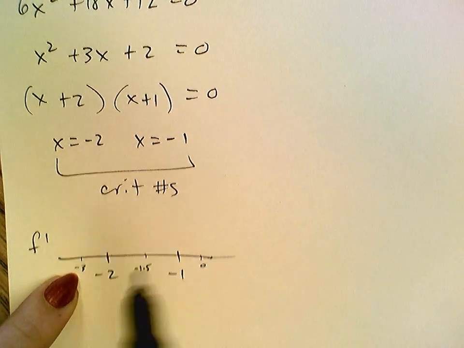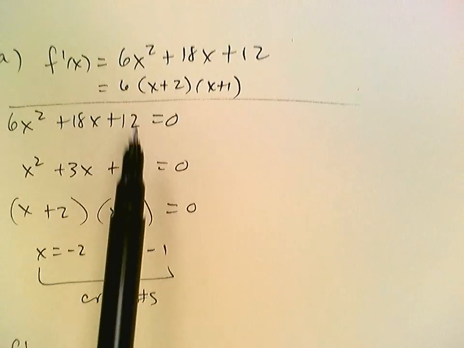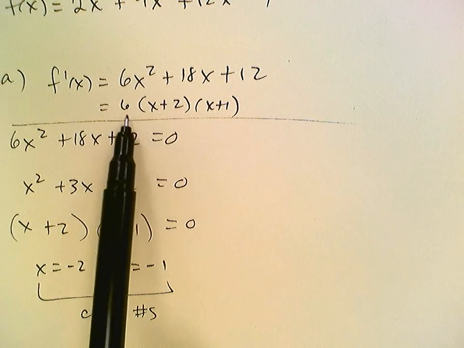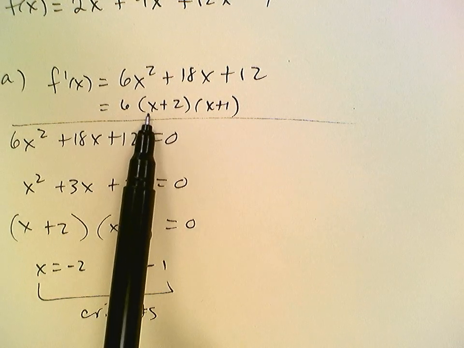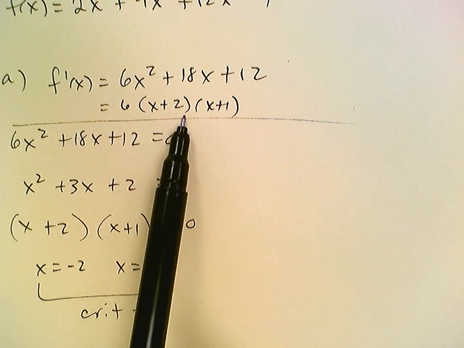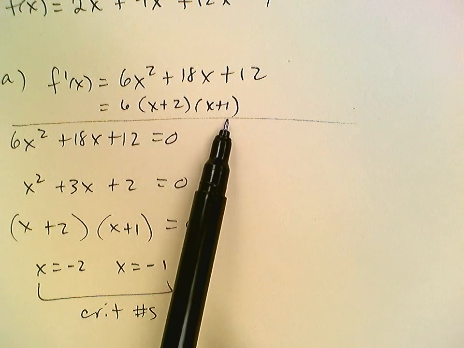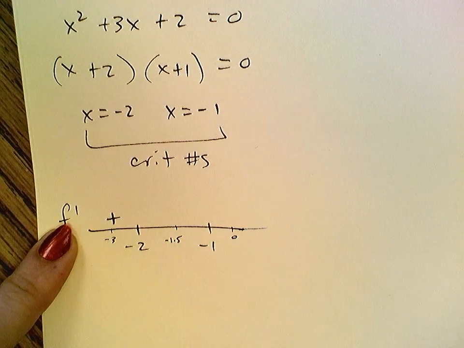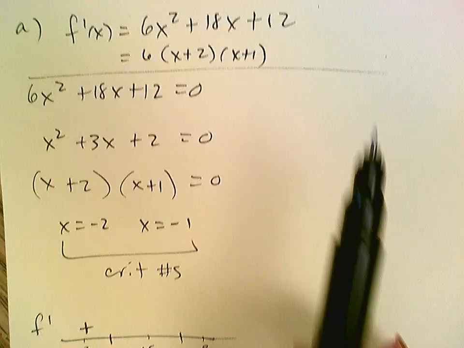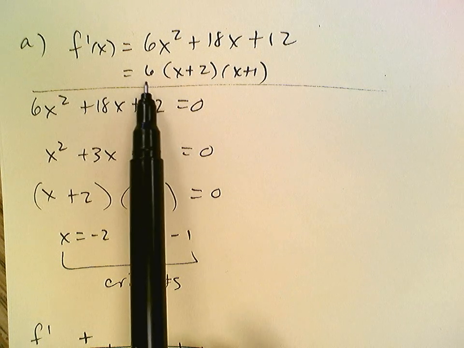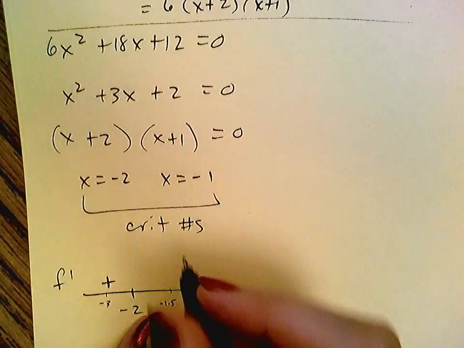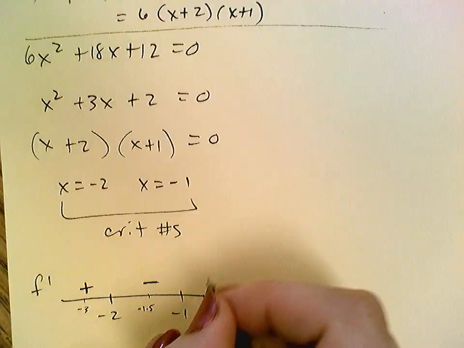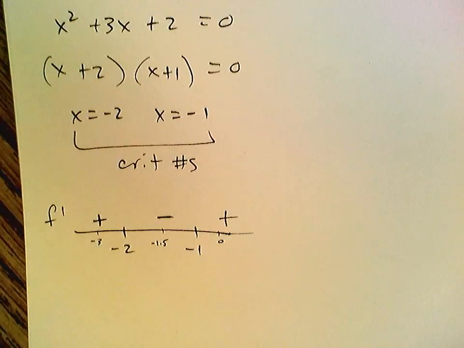So I plug in negative 3 here, and I get a positive times a negative times a negative, which is positive. Okay, and then negative 1.5, positive, positive, negative. So that'll give me a negative. And then I plug in 0, and everything is positive.